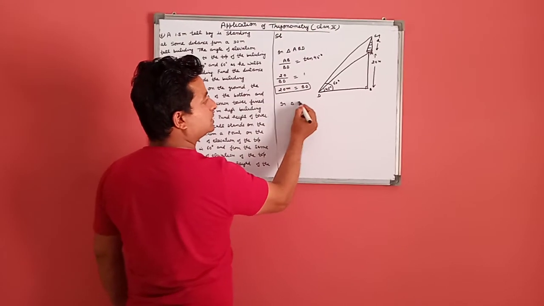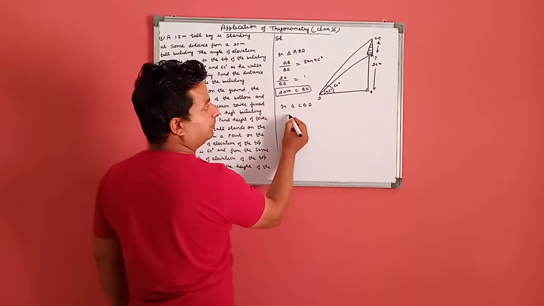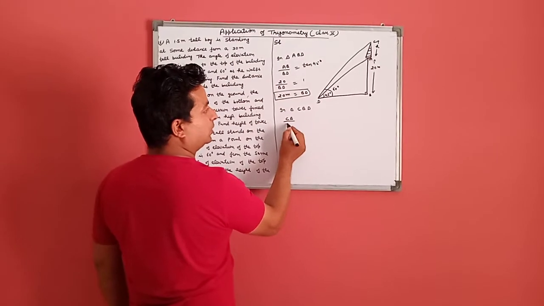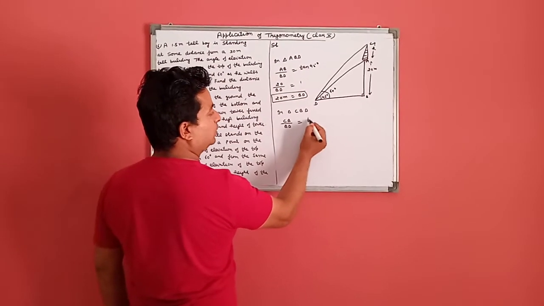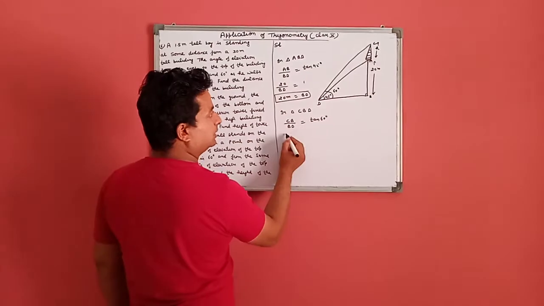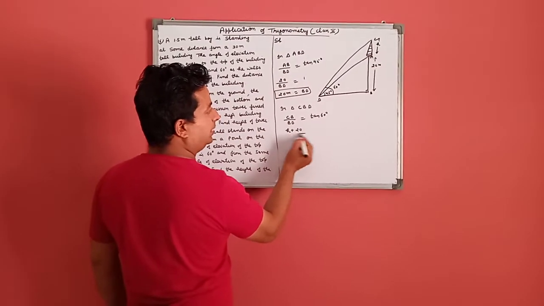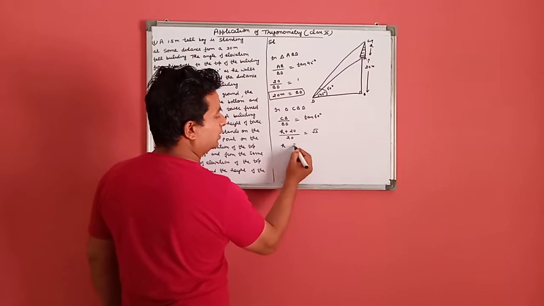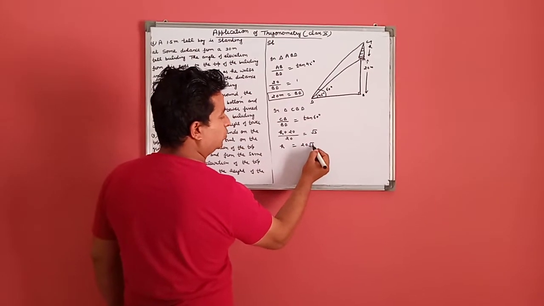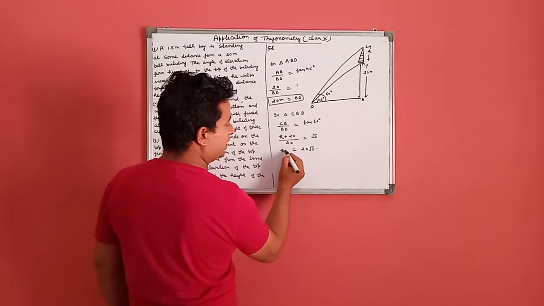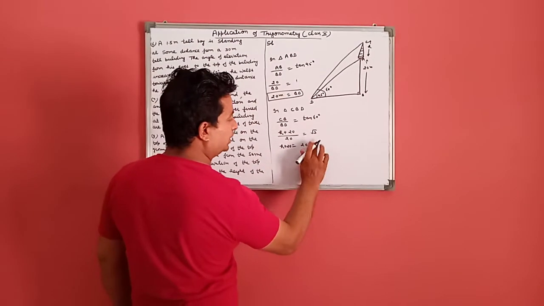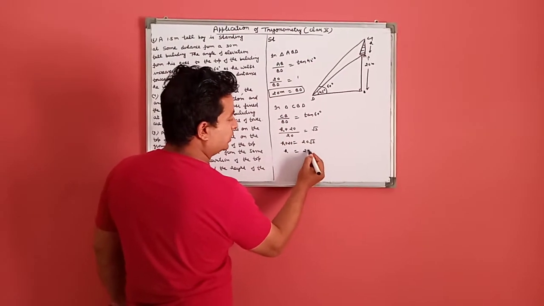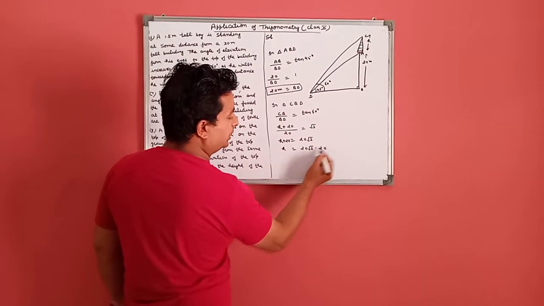In triangle CBD, CB upon BD equals tan 60. This is h plus 20, BD is 20, tan 60 is root 3. So h plus 20 is 20 root 3, then h is 20 root 3 minus 20.